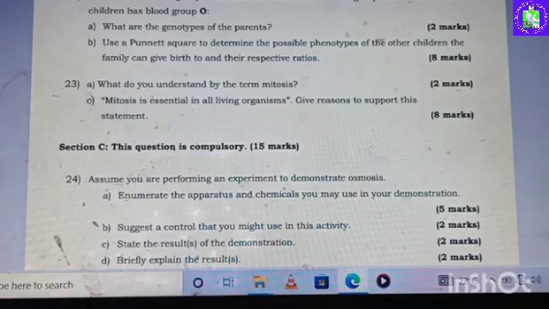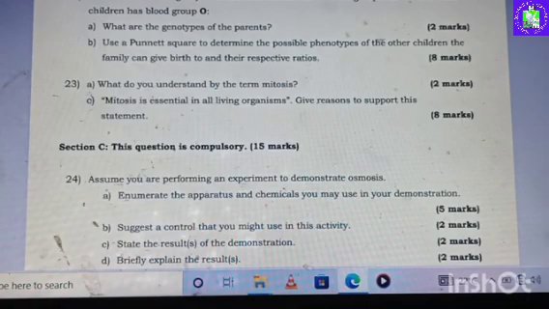When you make that demonstration, you try to understand the apparatus you may use. The first one is Irish potato. The second one, you must use sugar, like saccharose. The third one is distilled water, and the beaker.